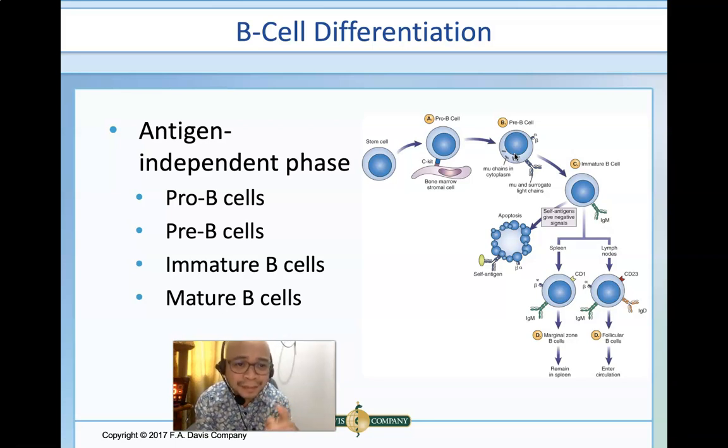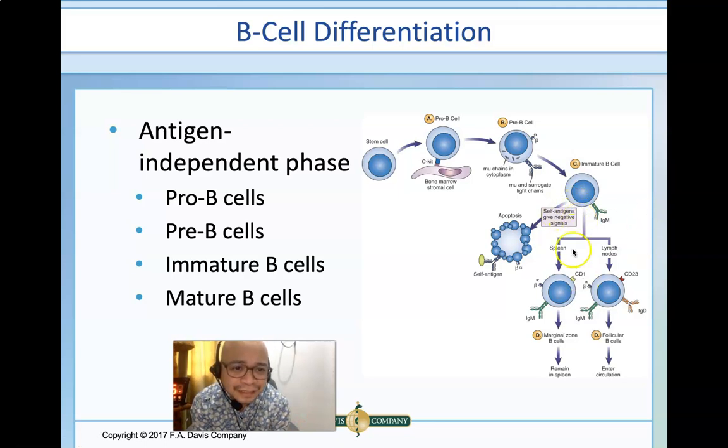When these are formed together, you now have the so-called stage C, the immature B cells. And how would you know if they are already immature B cells? It says in your book that immature B cells are distinguished by the appearance of complete IgM molecule on the cell surface. So there you go.